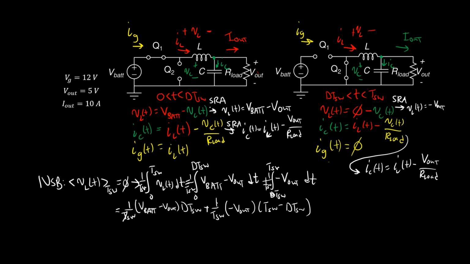So we can cancel out these switching periods and group things together. We can group the D's together, or group the Vouts and the VBATs together.